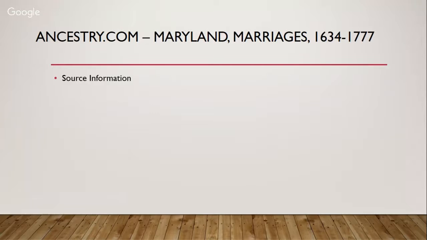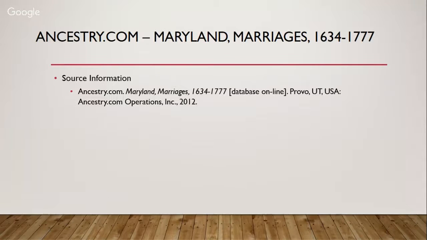The source information just says the Ancestry.com and the database title. And then the next term in there says database online. I find that very misleading, but I find it very consistent that it's misleading because there was an image.